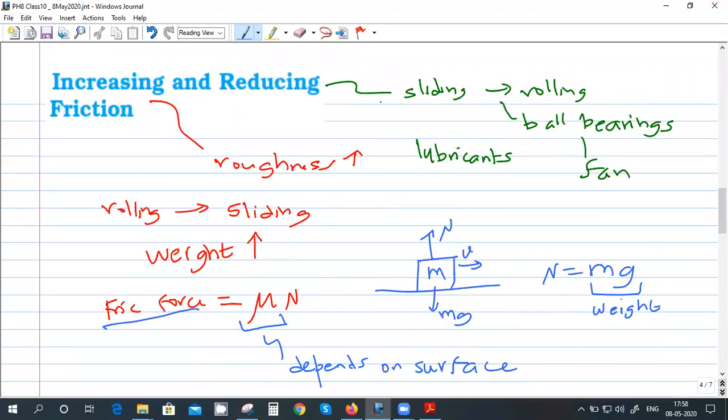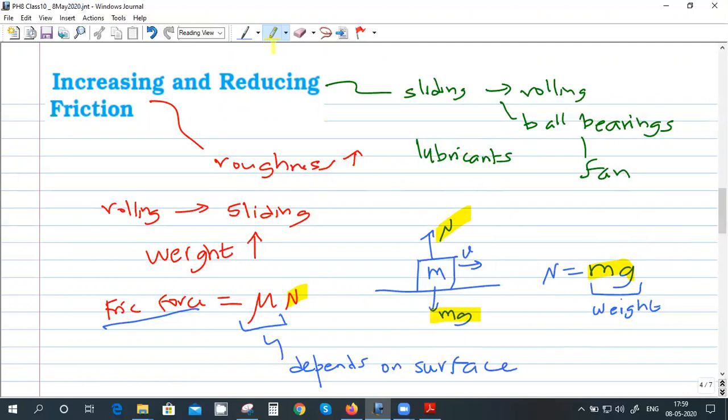I told this one, right? Friction force is due to normal reaction. Normal reaction is m into g. If the thing is heavier, the normal reaction is more. Why? Because these two forces have to be balanced. Normal reaction is balancing the weight, and there is no motion in the vertical direction.